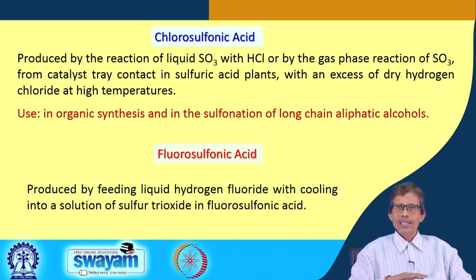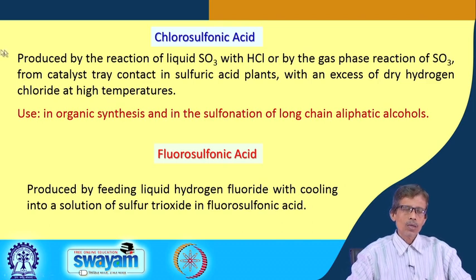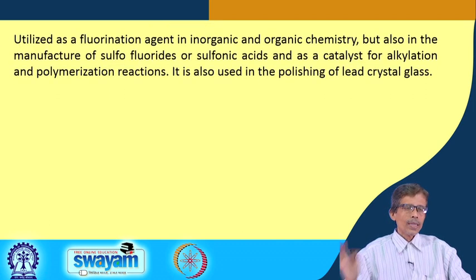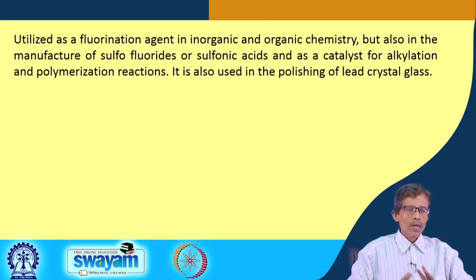So, fluorosulfonic acid is your base or your solvent, and that fluorosulfonic acid containing excess sulfur trioxide will be directly reacting with HF, giving you the corresponding fluorosulfonic acid. So, that is forming in a nice way, and that will be a very useful reagent.